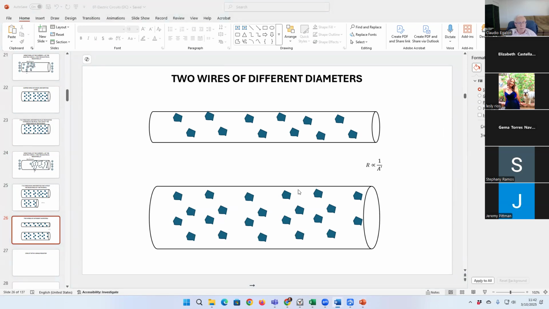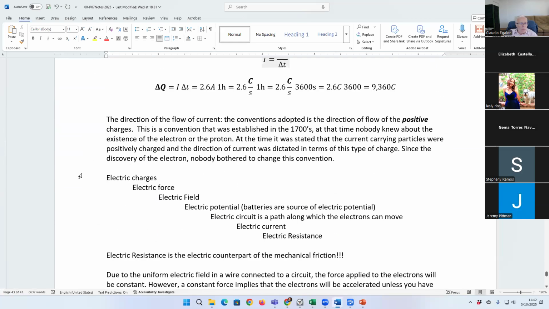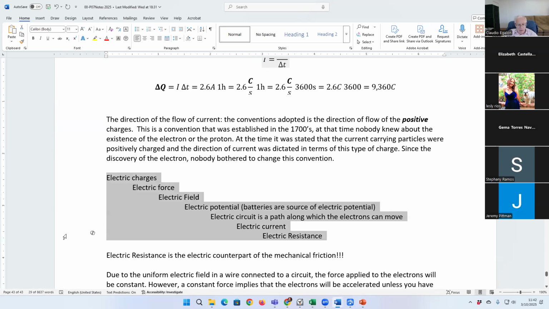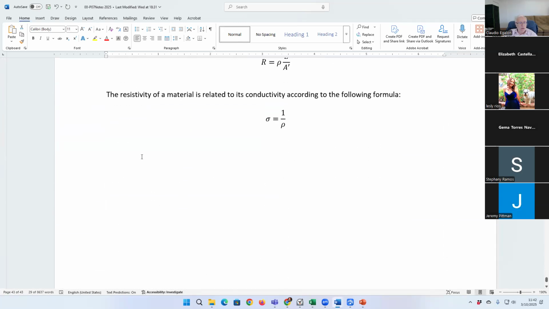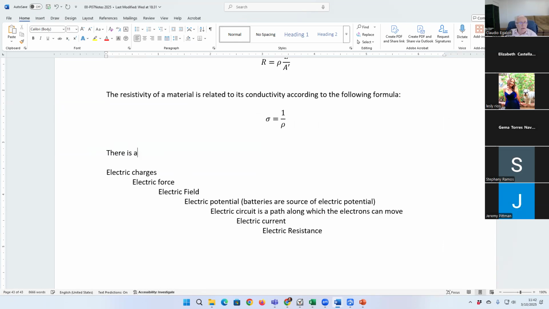What else do we need to know? So here we go. Going back here. Electrical resistance. You already know there's another equation for the electrical resistance that you have to memorize, okay? It's possible to derive it. There is another equation that relates the resistance with some other parameters, okay?